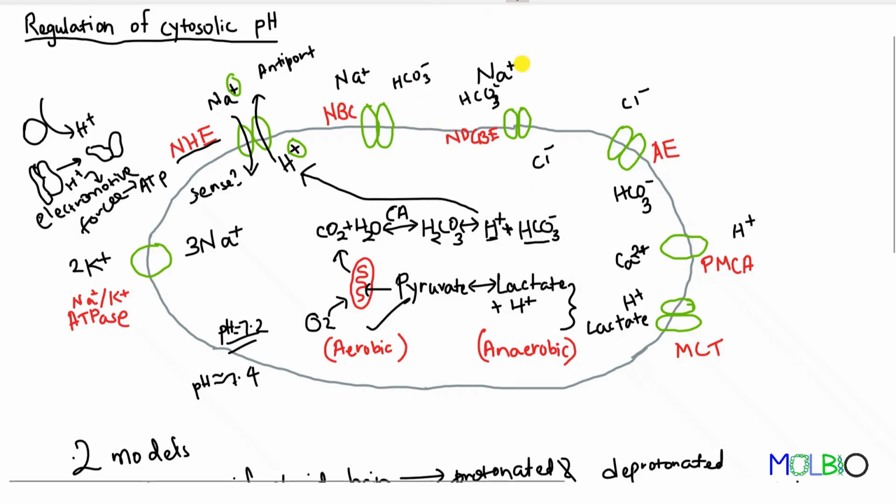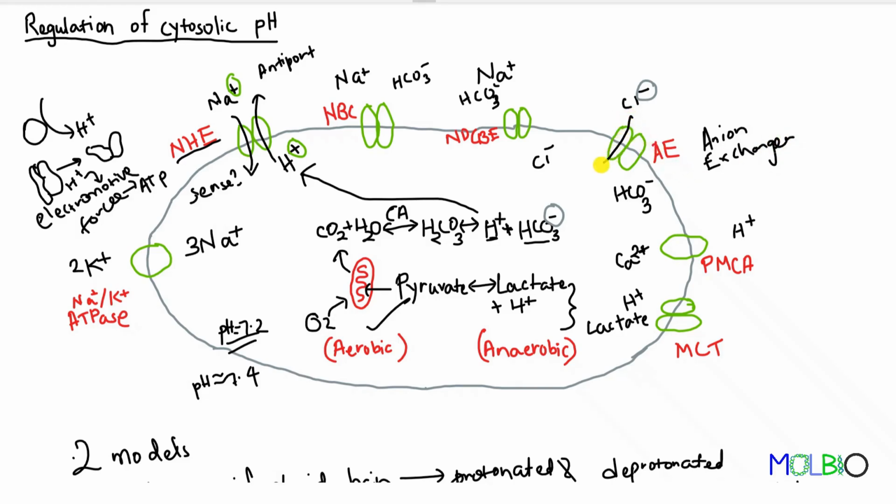So in order to exchange it, just like the proton, we will want a charge neutral exchange. For that, the cell exchanges it for a chloride ion. As you know, a chloride ion has the same charge, one negative charge. This happens via a transporter protein called the anion exchanger. Because this is exchanging two anions, it is called an anion exchanger.